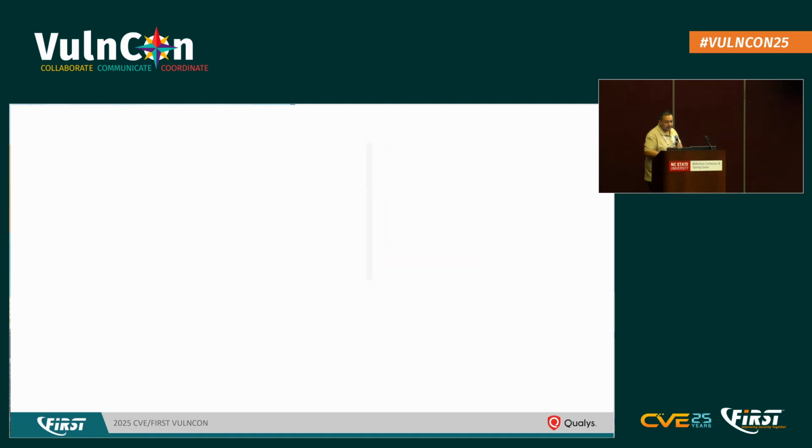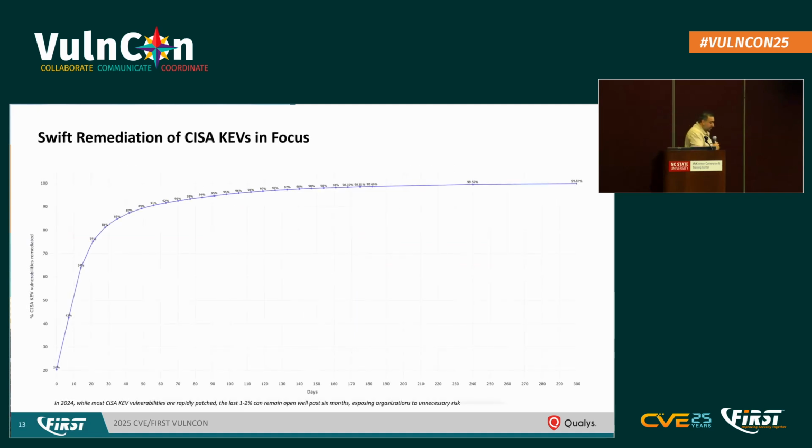This chart that I have here is for that 500 million records that I mentioned. That is how they are getting fixed over time in 2024 data. What you are seeing here is that by the time a CVE is added to CISA, around 20% of them are already fixed.